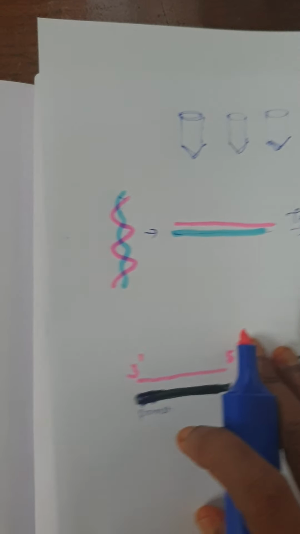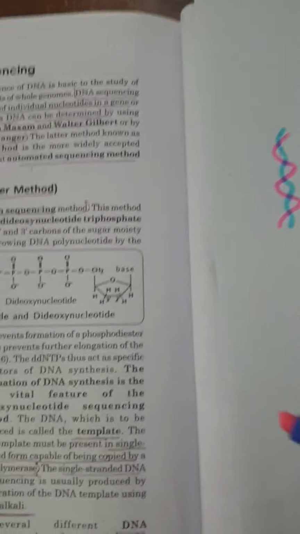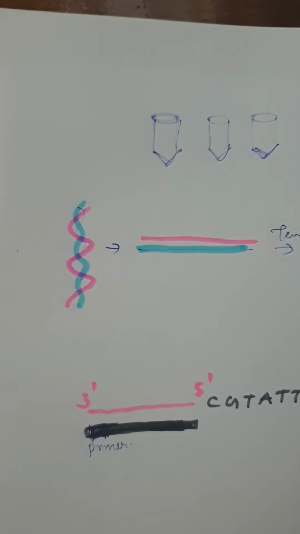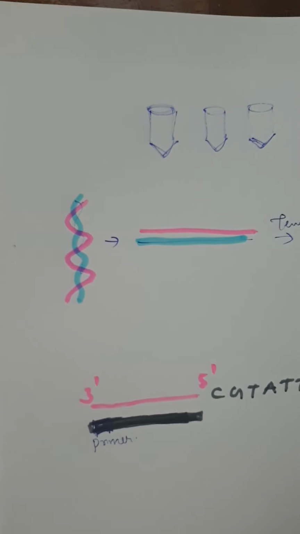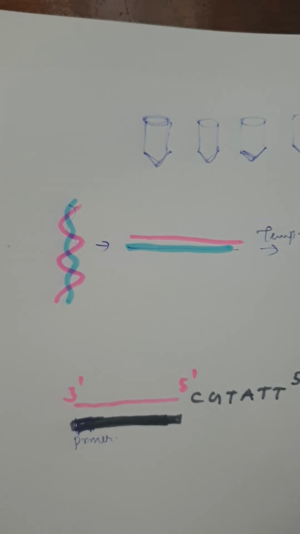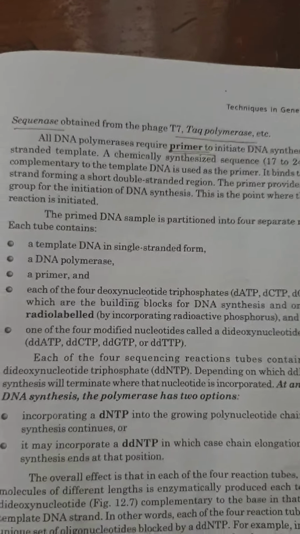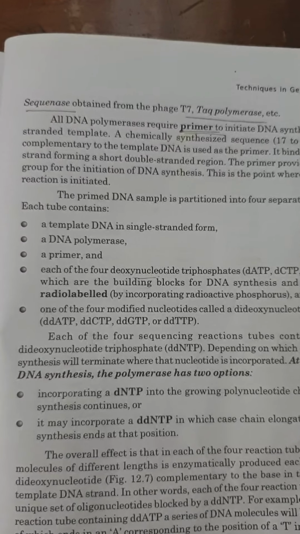Another thing we need is, for polymerization, an enzyme. We have already studied Taq polymerase, which can withstand changing temperatures.